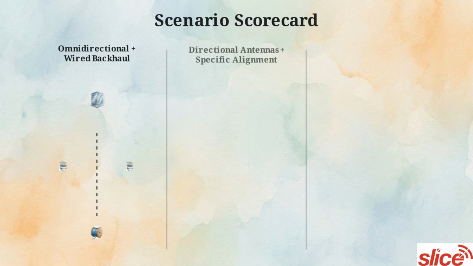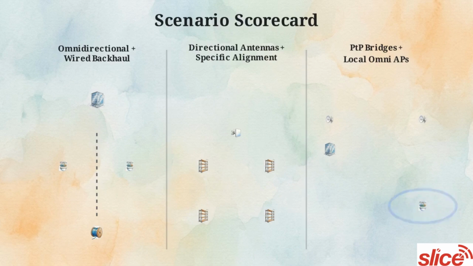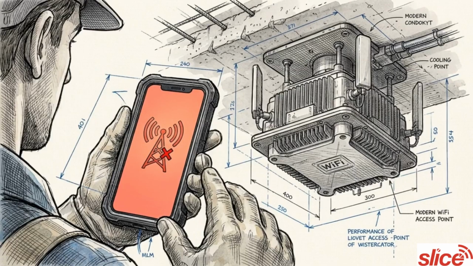Warehouses require directional patch and panel antennas aimed precisely down aisles to bypass interference from metal racks and high ceilings. On a multi-site campus, you use point-to-point bridges for building-to-building links, which then feed traffic into local omnidirectional points at each site.